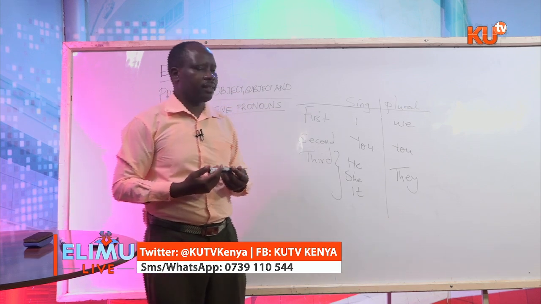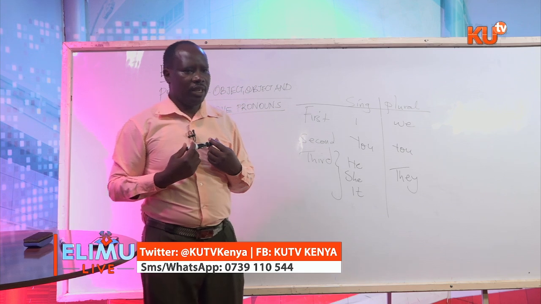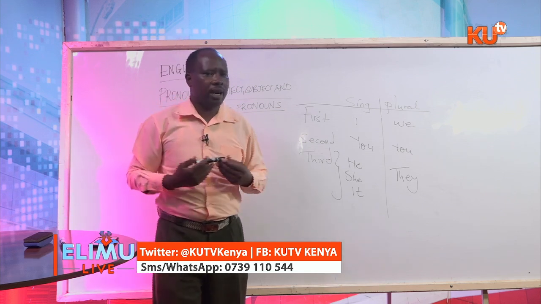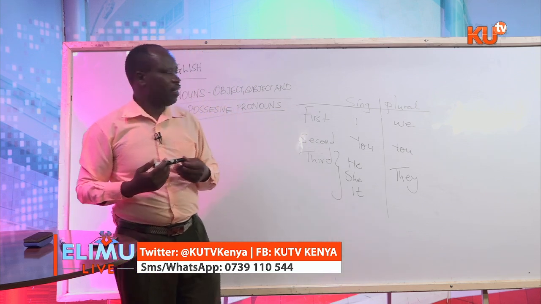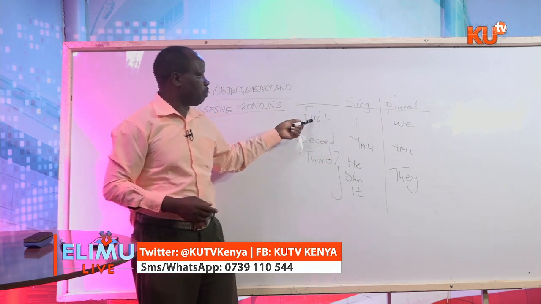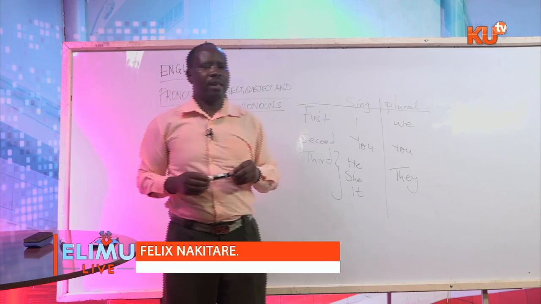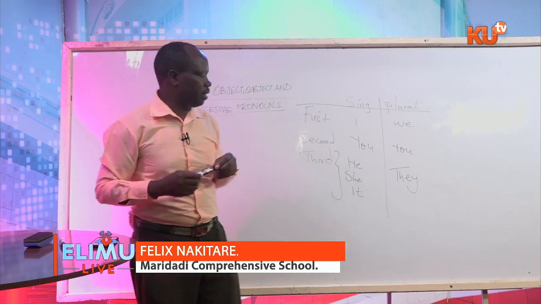Like in this case, I am speaking, so I am the first person. If we are many people speaking at the same time at the same place, then we use we as first person plural. We are talking, we are here, we are the ones presenting.